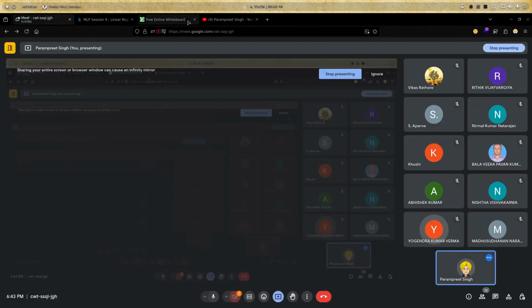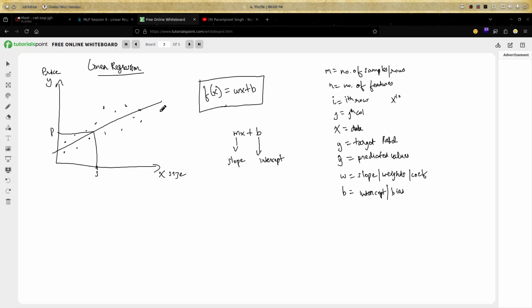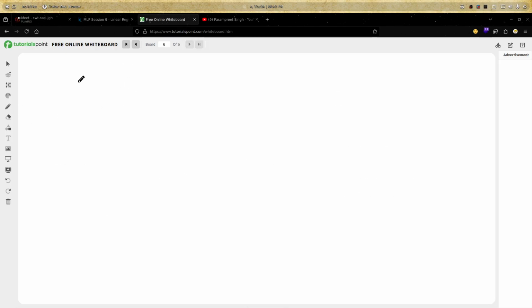Now, similar to the line which we have here, in the linear equation, if I plot it in a new graph, with some points and a line, the slope, which is m or w, basically tells us how slant the line should be.